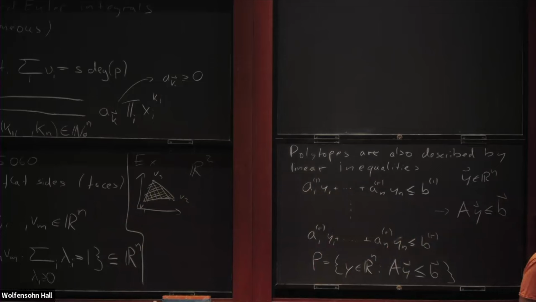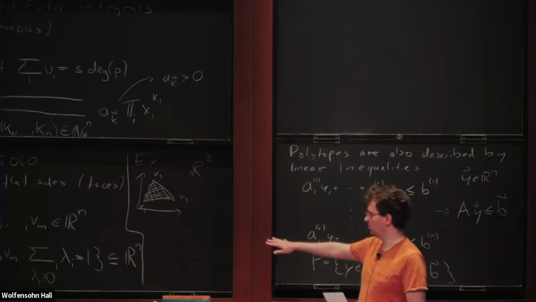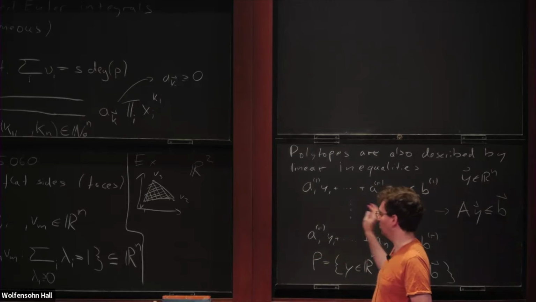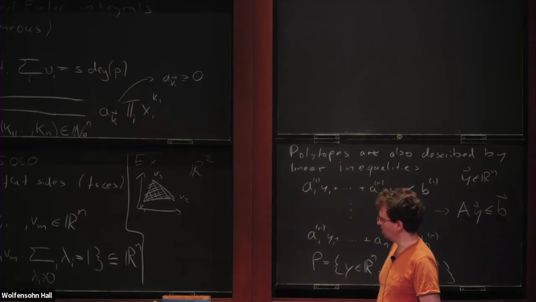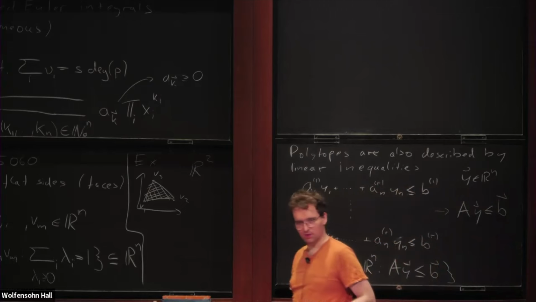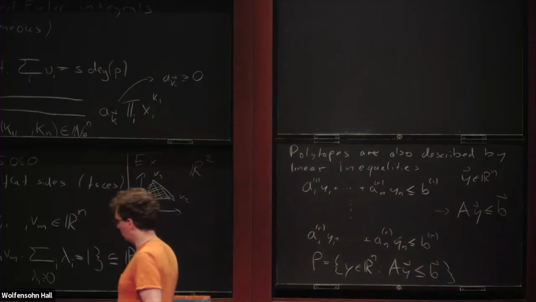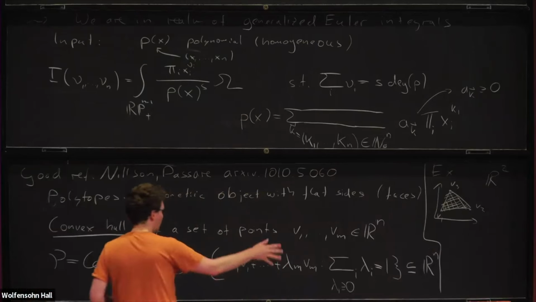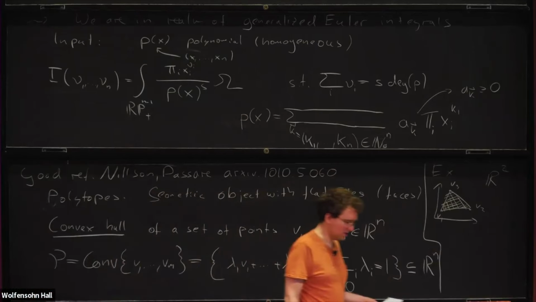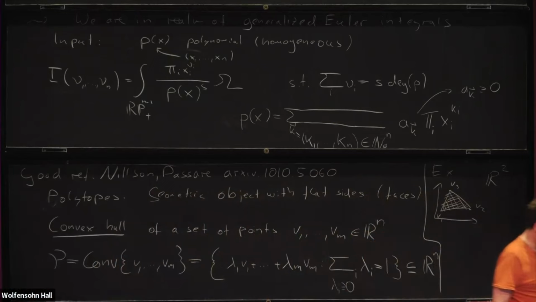And what you need to know is that computationally, it's often a very hard problem to translate from one side to the other side. I mean, it's not conceptually a hard problem. You can just ask the computer to translate for you from this vertex representation to this inequality representation and vice versa.